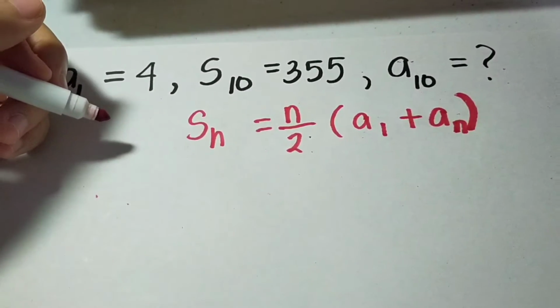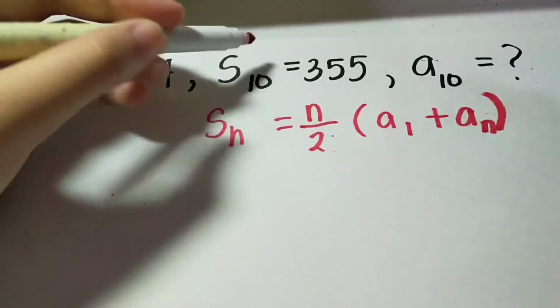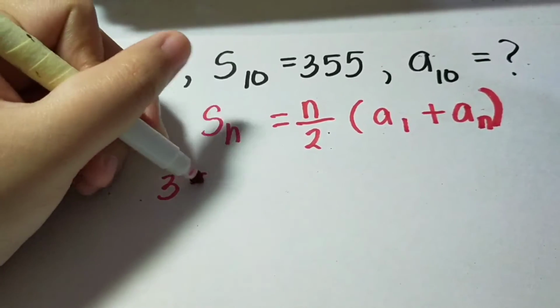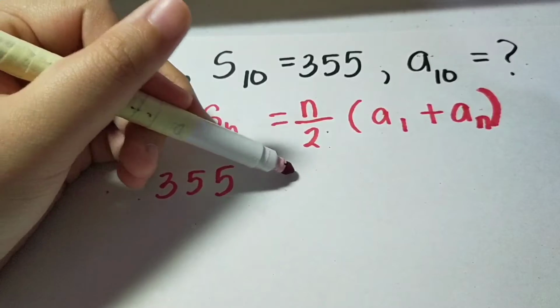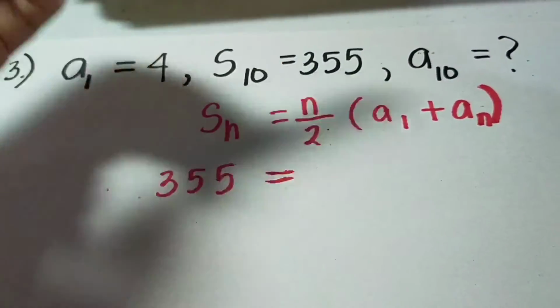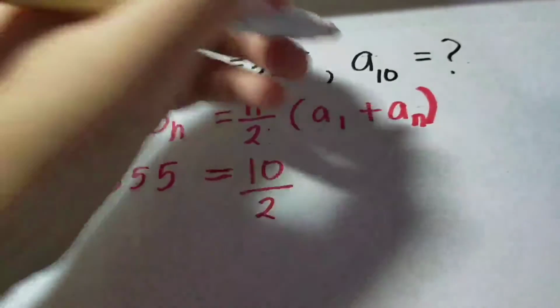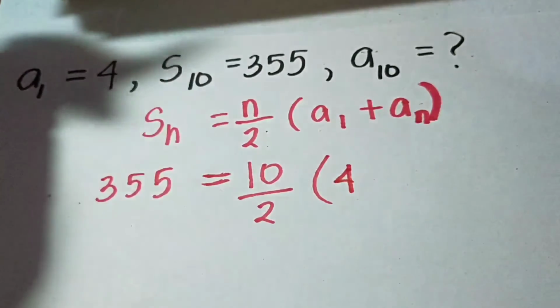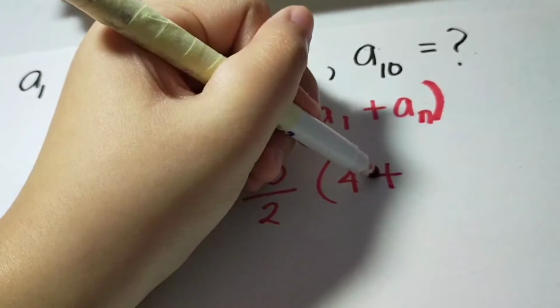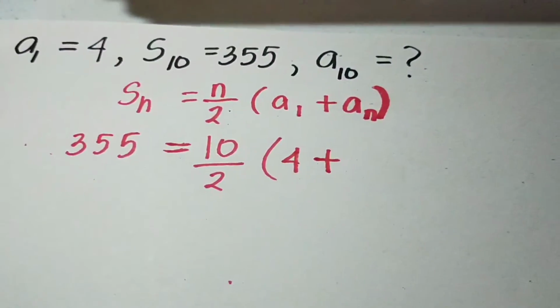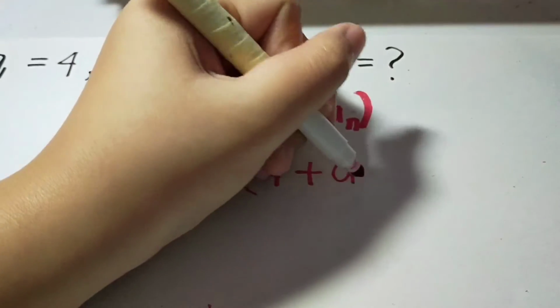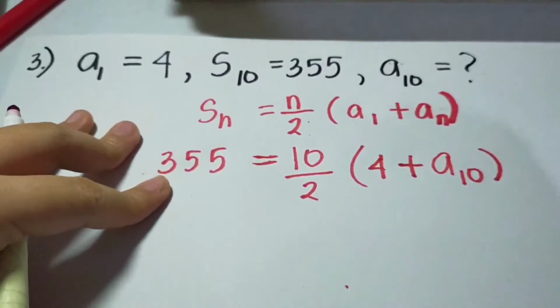So s sub n, yung s sub n natin ay s sub 10 is equals to 355. So 355 is equals to, yung n natin ay 10 over 2 times yung a sub 1 natin ay 4, and our a sub n, it will remain as a sub 10, since ito yung kailangan nating i-find.